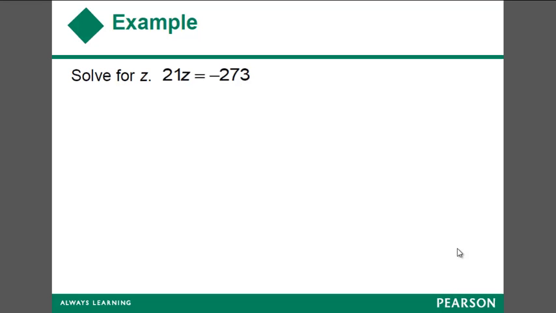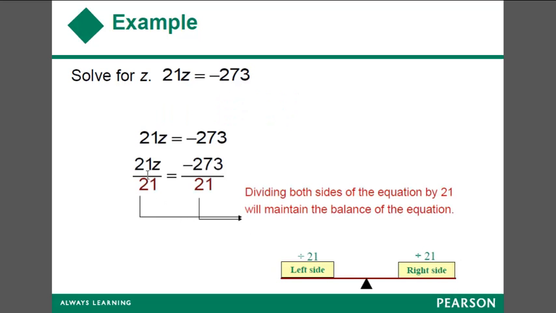Well, I want to find out what z is equal to. I want to find out the value of z. So I have 21 times z. What is the opposite of multiplication? That will be division. So if I divide both sides by 21, 21 divided by 21 is 1, so those are canceling each other out.